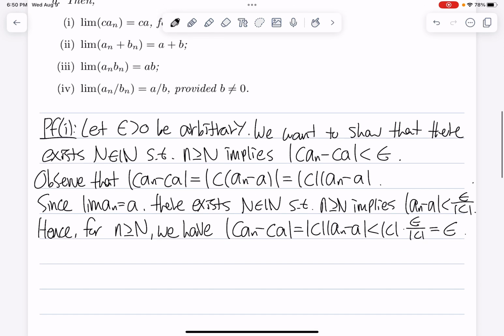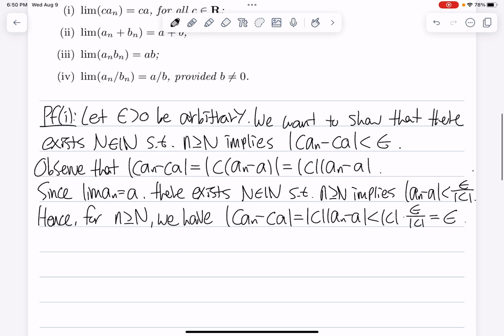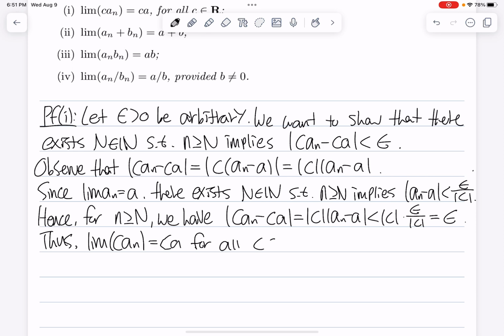So we showed that for arbitrary epsilon greater than 0, there exists a big N in the natural numbers such that whenever small n is greater than or equal to big N, the distance between can and the limit ca is smaller than epsilon. Thus, limit of can equals ca for all c in the real numbers.